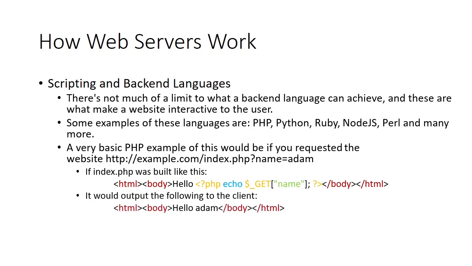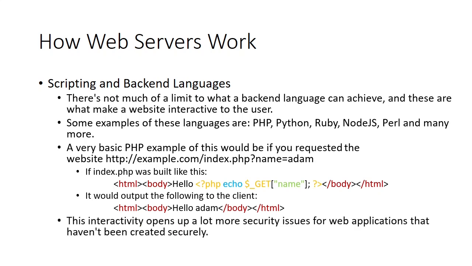It gets the name first from the GET request, and then it shows that name back. You'll notice that the client doesn't see any PHP code because it's on the back end. This interactivity opens up a lot more security issues for web applications that haven't been created securely.